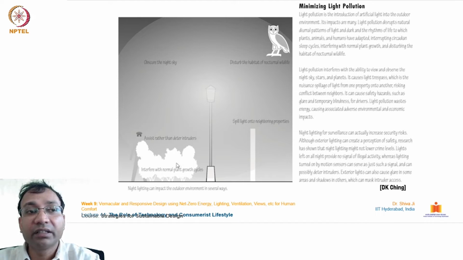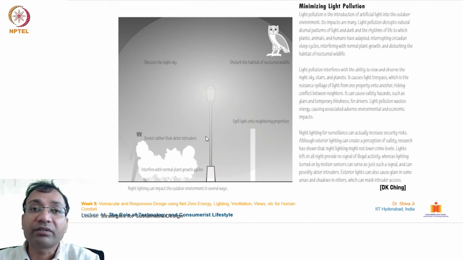Secondly, these plants also feel a disturbance, because along with these birds and other nocturnal animals, these plants also have their daily cycle when they go for rest, and you may have heard plants also excrete CO2 in the night time.